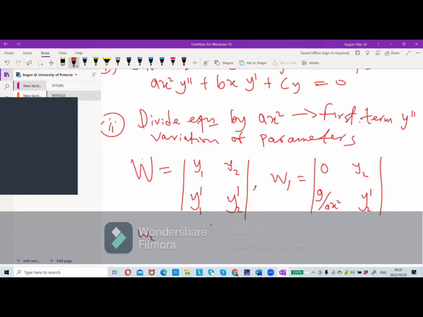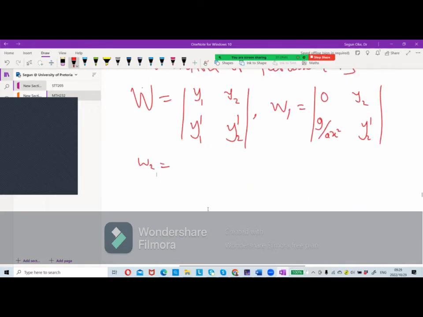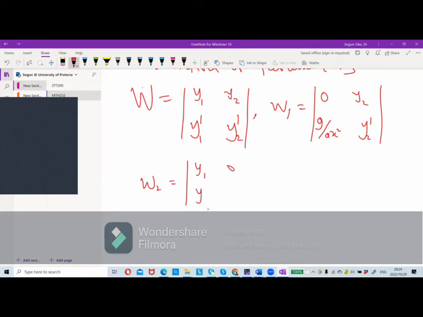Then W2 will be y1, 0, y1 prime and g over a.